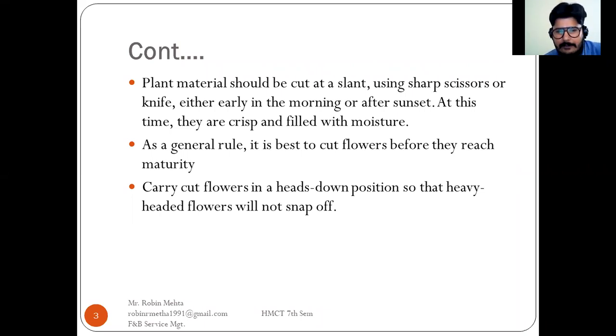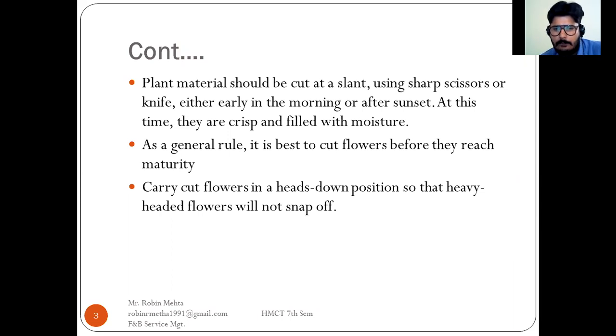In the next point, as a general rule, it is best to cut flowers before they reach maturity. Whenever you are cutting the plants, always try to cut when they are premature. If they are fully matured when you cut them and take them for flower decoration or arrangements, they may have a life of 2 days, but they ripen in 1 day.